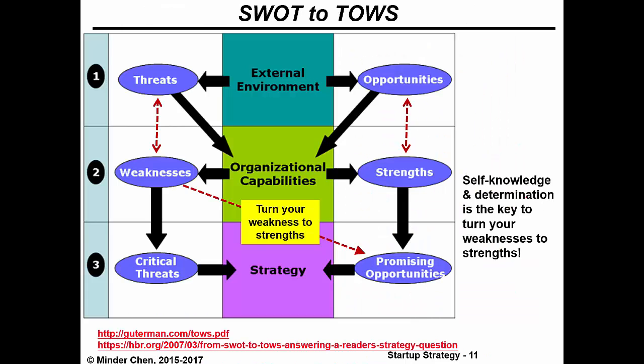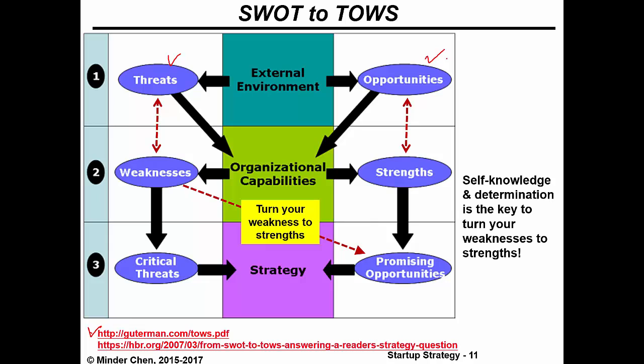Last but not least, we turn the SWOT into something called TOWS. This is based on an online resource here. So you study the external environment, okay, the overall context. You will identify threats and opportunity. And by the way, sometimes the threat or even the crisis is an opportunity.